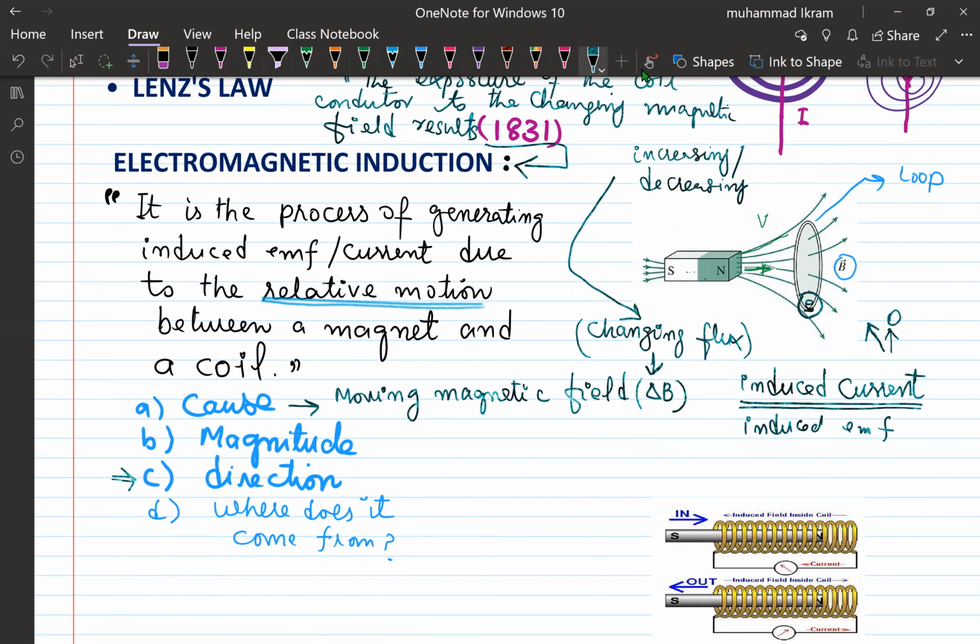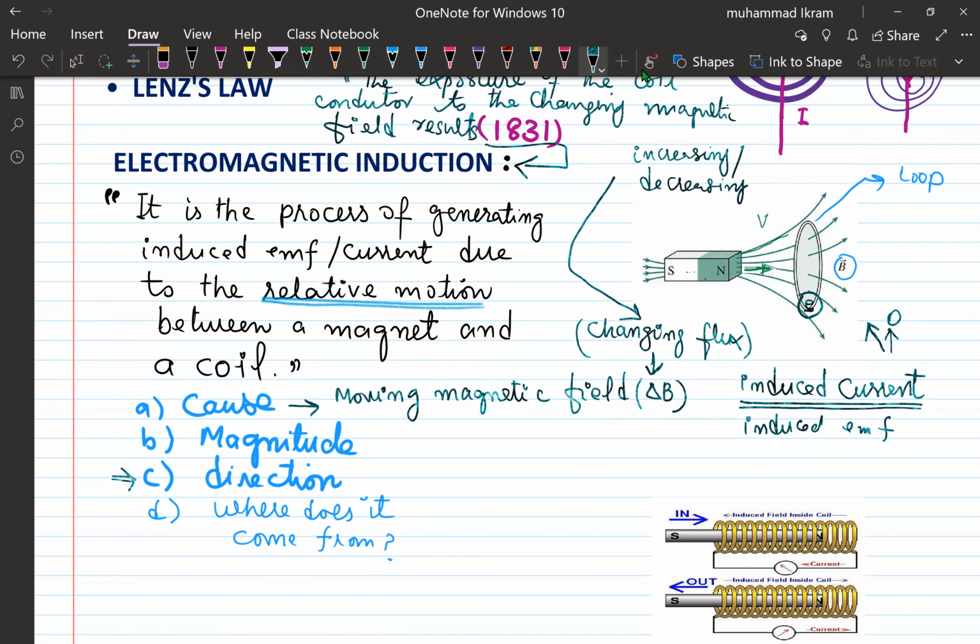The induced EMF will be there. So in both cases, we are actually getting a changing magnetic flux. So the changing magnetic flux can cause this.